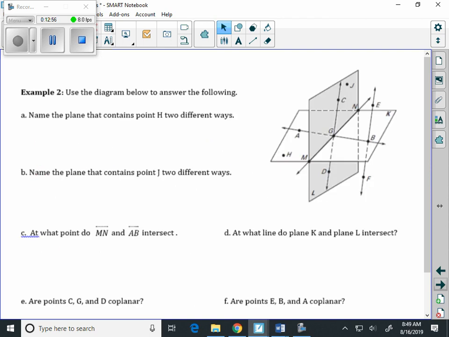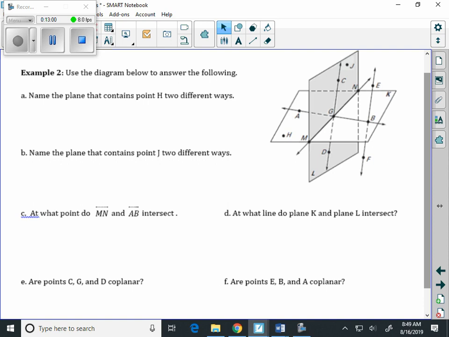Flipping our paper over to get close to finishing here. Use the diagram below, and it's actually beside, to answer the following. And it says, name the plane that contains point H in 2 different ways. Well, let's see. Plane H is this plane. I'm going to try my highlighter to help us out a little bit. It's going to be ugly.